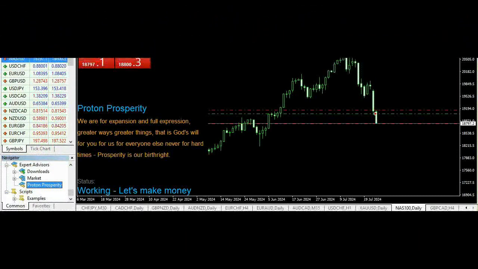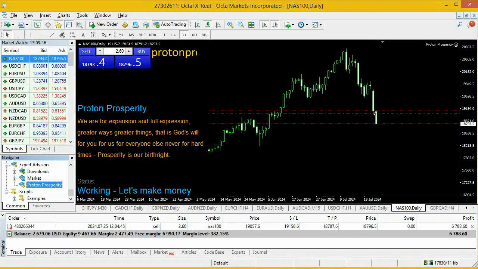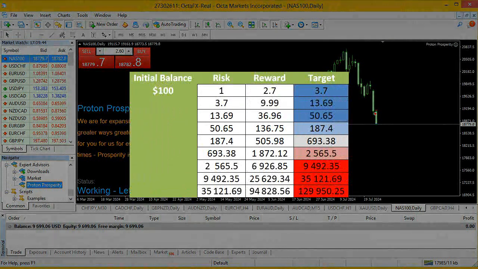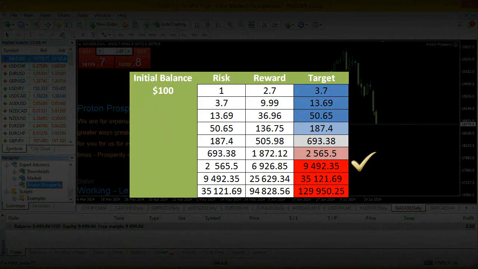And 5 hours 4 minutes into the trade, take profit triggered. As you can see, our balance is now $9,699. Now we are here.